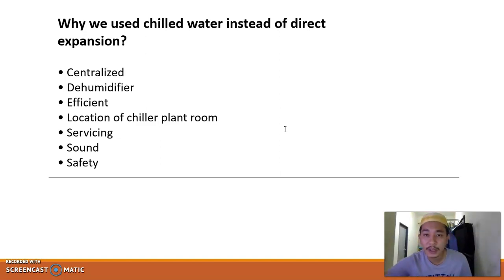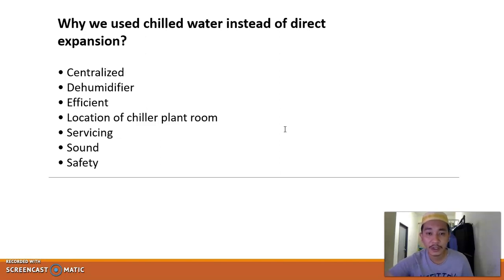Why are we using chill water instead of direct expansion? Direct expansion, for example, is the split unit system, using refrigerant to cool the air. So why chill water?